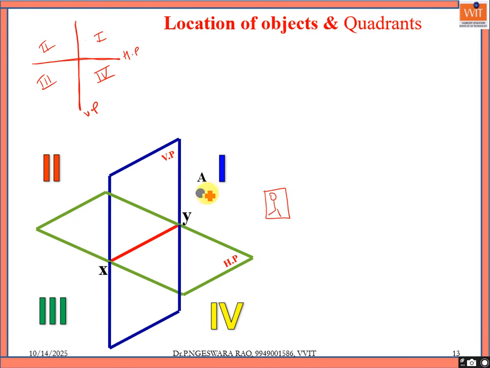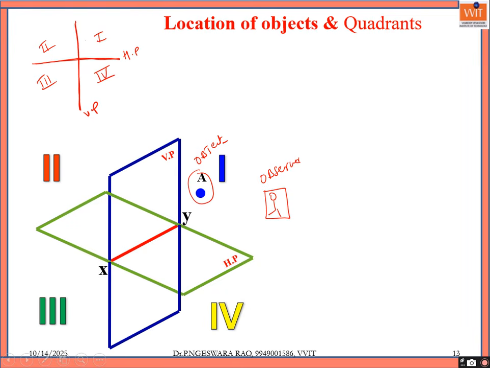Now the point A is nothing but the object; here we are considering the object as a point. In the upcoming classes, the object may be a line, or a plane surface, or a solid block also. And the observer will always observe the object from this side only.